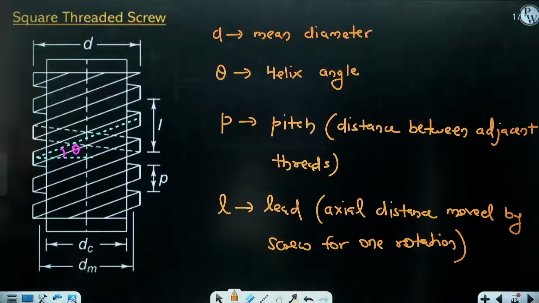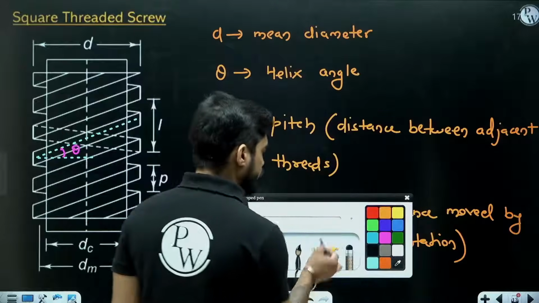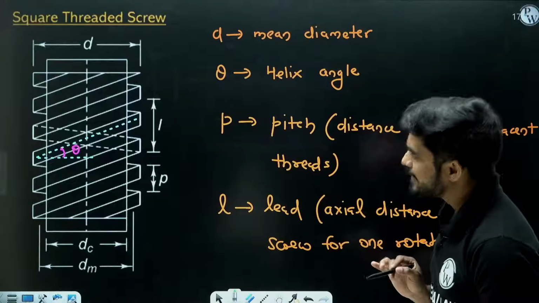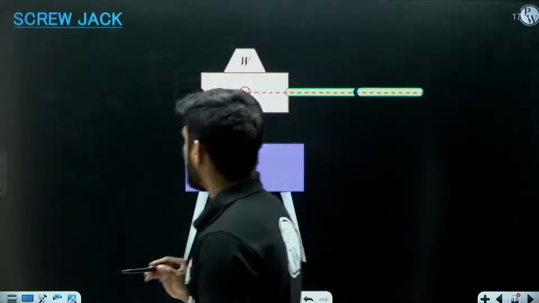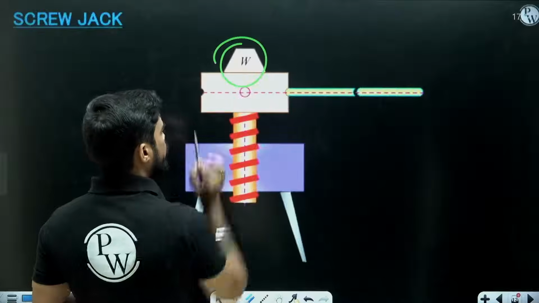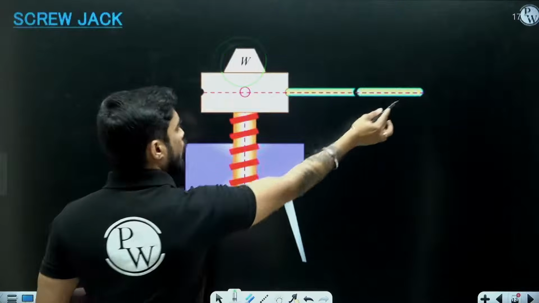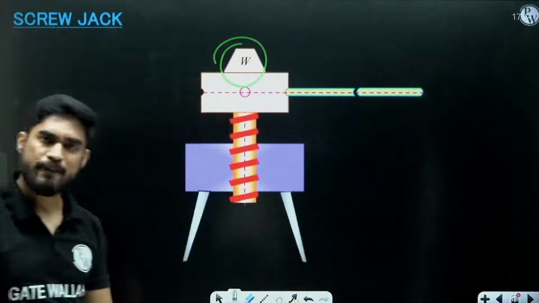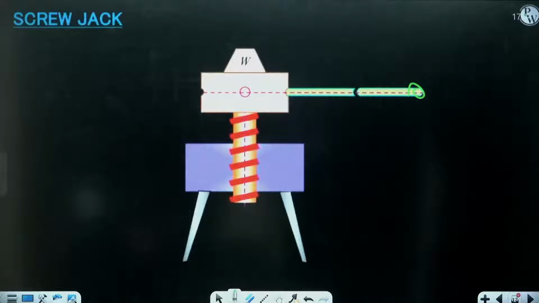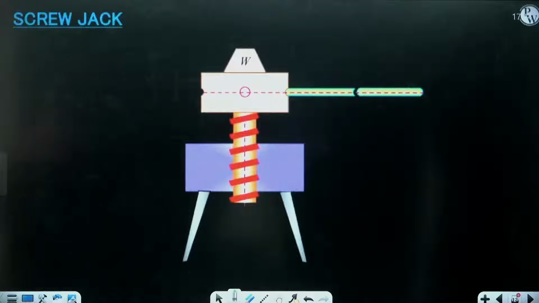Okay. Now understand this. In case of a screw jack, we need to find out how much force we need to apply on the lever in order to move this weight, either upward or downward.